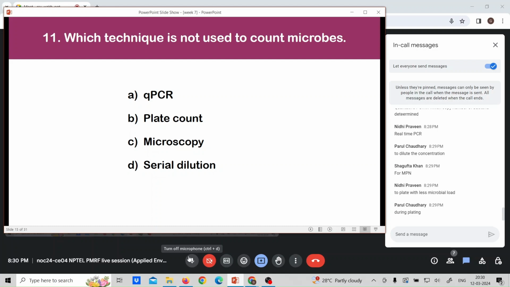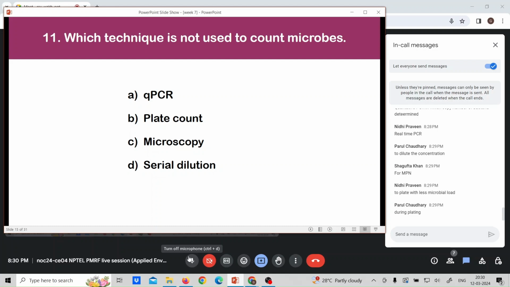Okay, to dilute the concentration during plating. So serial dilution is a technique in which you just take your sample which has, let's say, 10 to the power of 10 cells, put it into the next tube. You just add it and it reduces to 10 to the power 9 cells. All you have is an assumption in mind. You don't know, you have 100 cells, you put it in the next tube, it's going to change to 50 cells and then to 25 cells. You don't have a count of it.